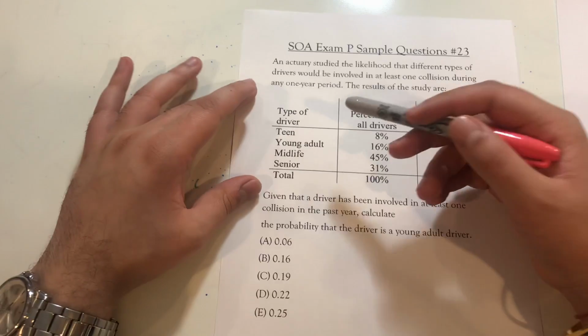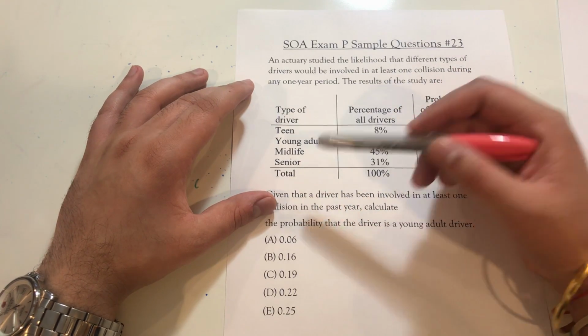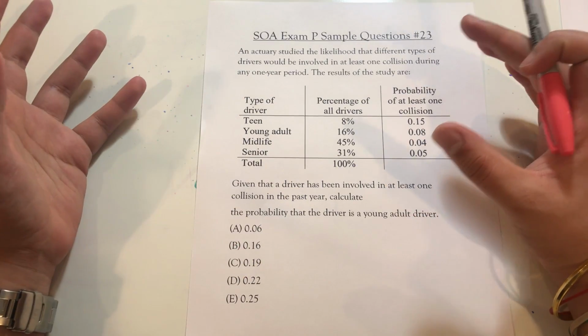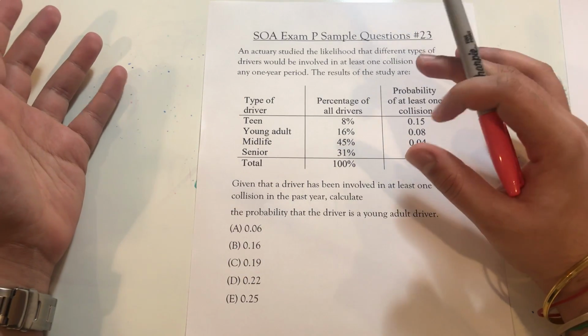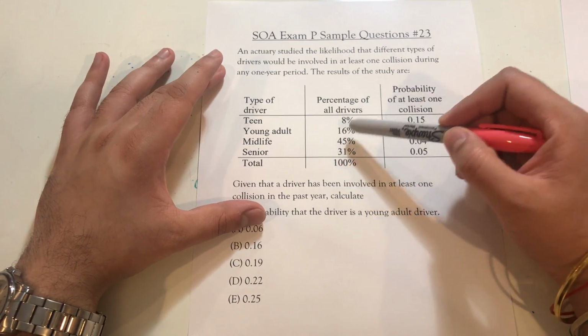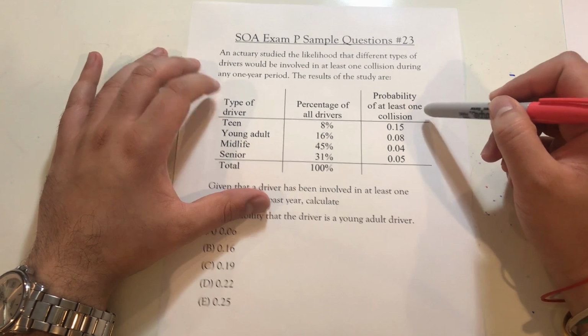Now, what they're giving us is the type of driver, so teen, young adult, midlife, senior, and the percentage of all drivers that we're looking at. So of all the drivers we're looking at, 8% of them are teens, 16% are young adults. And then the probability of at least one collision.